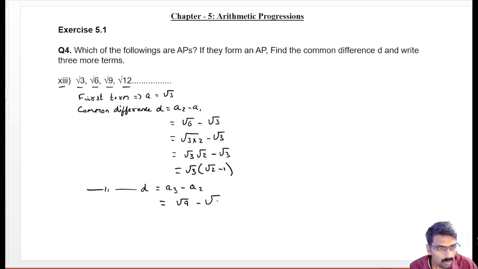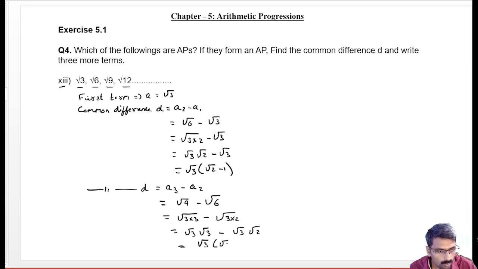Similarly, for common difference d with a3 minus a2, that would be equals to root 9 minus root 6, which is again equals to root 3 into 3 minus root 3 into 2. So that is equals to root 3 minus root 3 into root 2, where we can take common as root 3. Our remaining would be root 3 minus root 2.